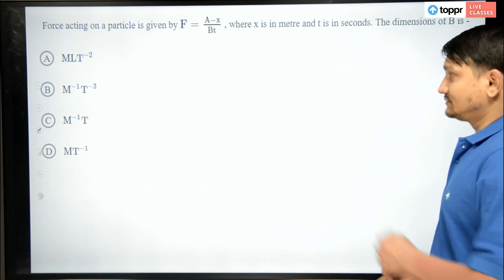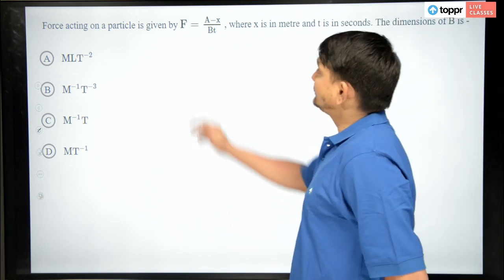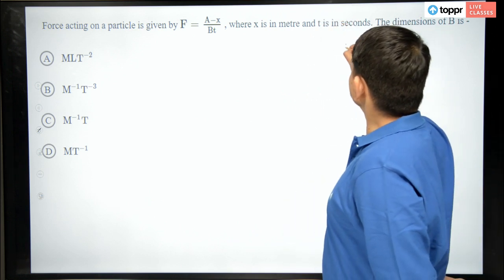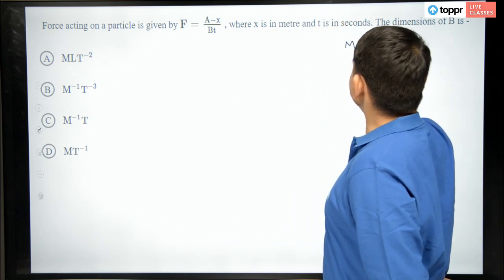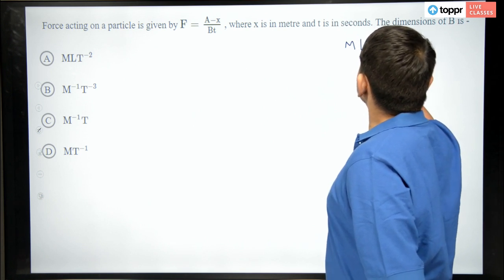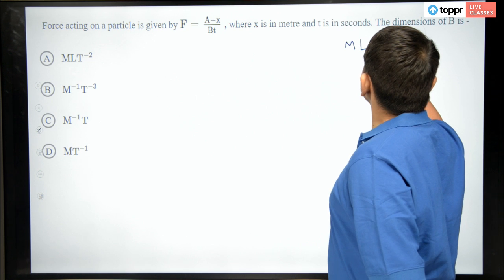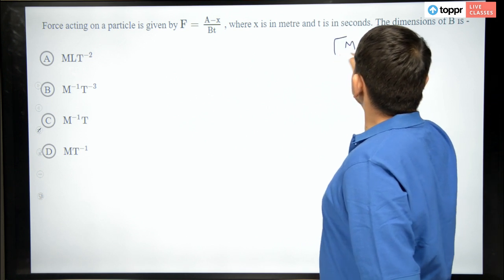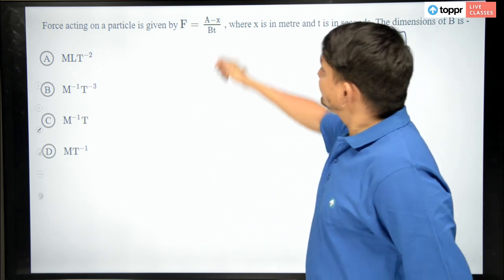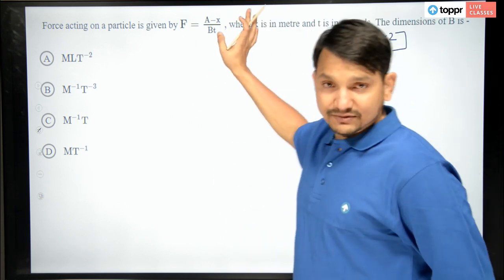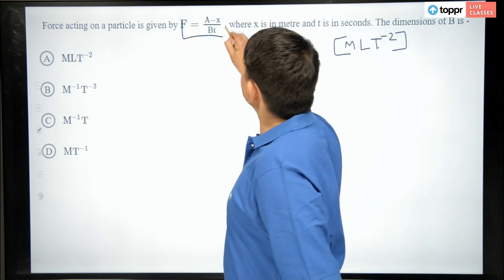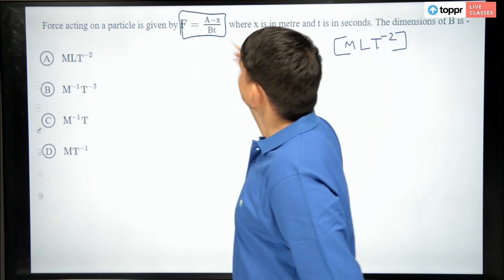Let's work it out. So we know the dimension of F. We can use it. We don't have anything given about A. So let's try to write this dimensional equation separately.